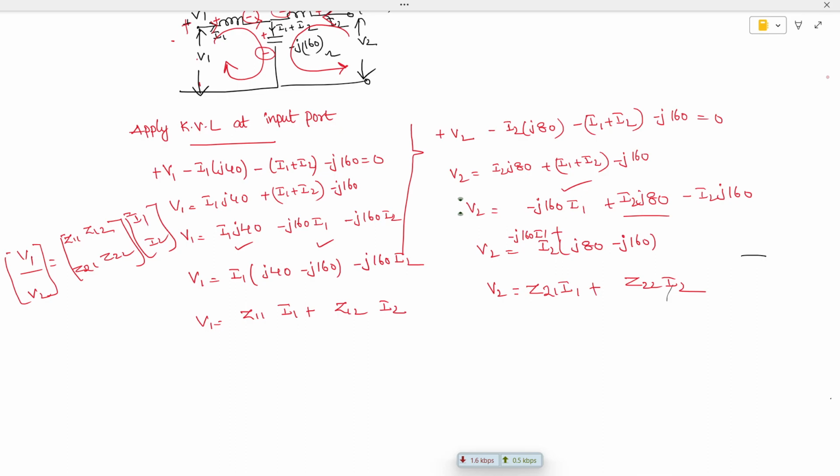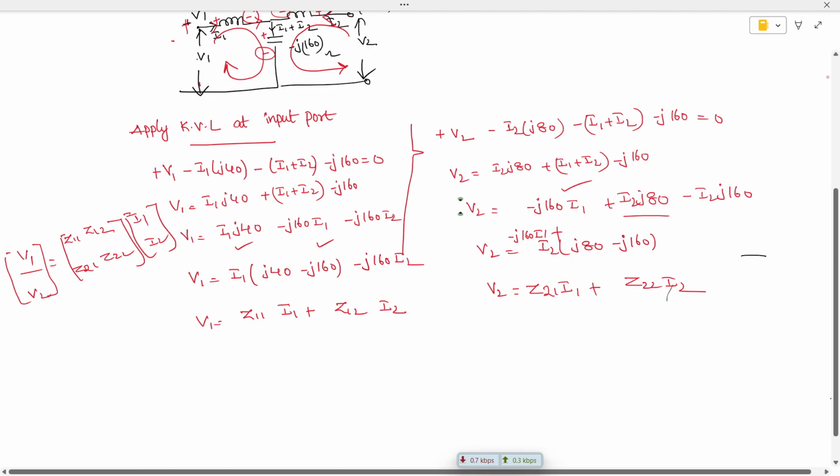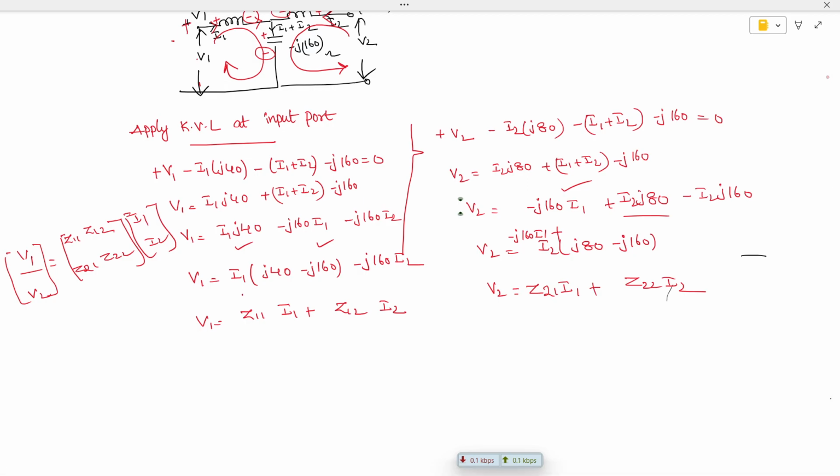So here we have 40 minus 160, which is I1 of minus J120, minus J160 I2. And minus J160 I1 plus I2 into minus J80. So when you compare this, the values of Z11 are like this.